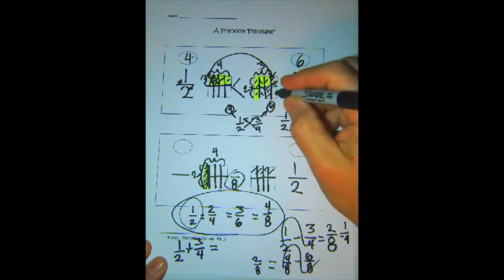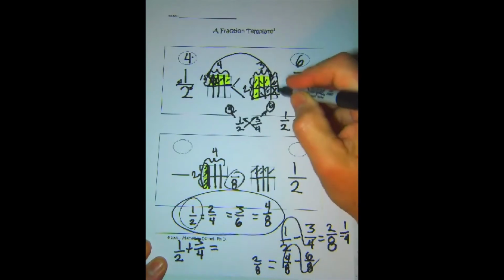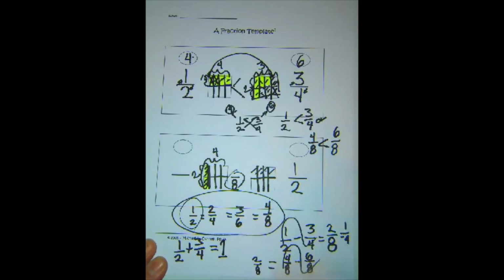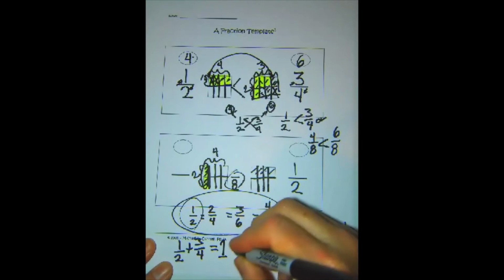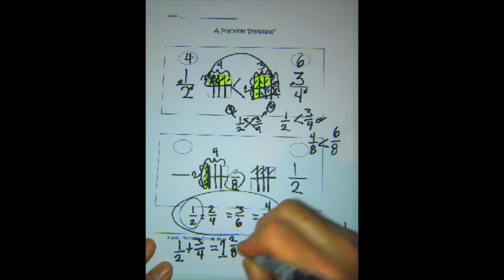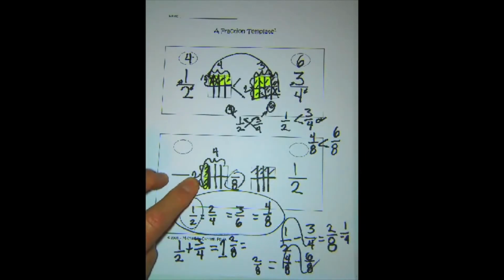It's a completely full cake. So we have 1 full cake. And then we have 2 out of the 8 pieces that are left. And because we know now that that's also the same as share with 4 and take 1, we could write that as 1 and share with 4 and take 1.